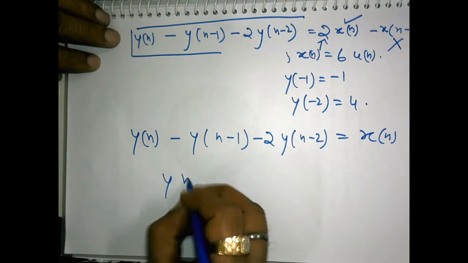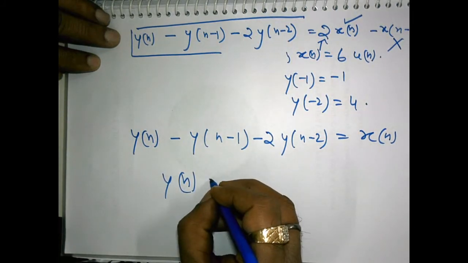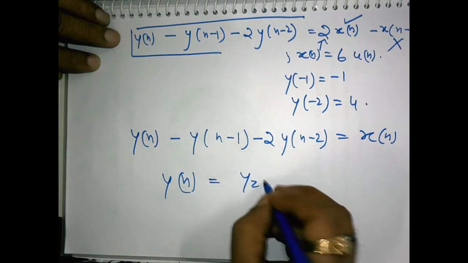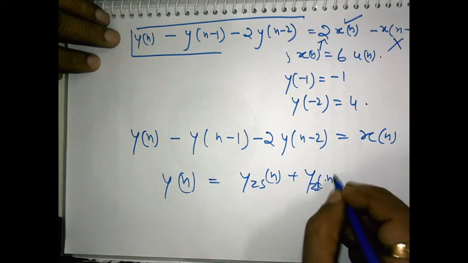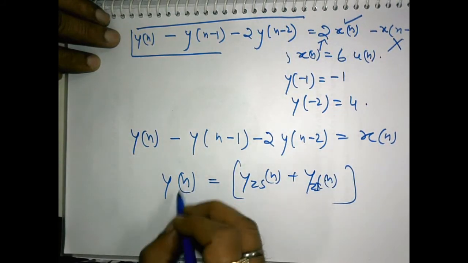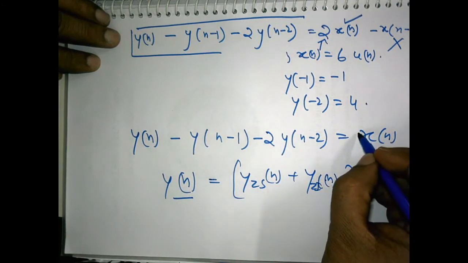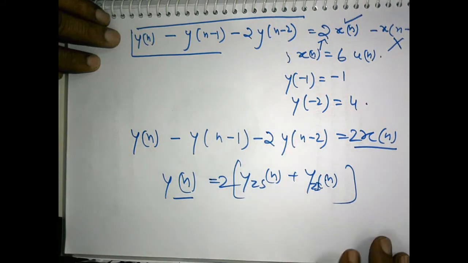If you have solved this equation, y(n) will be equal to y_zs(n) plus y_zi(n). If this has been solved, then what will be the y(n) for twice of x(n)? Naturally 2 times of this.